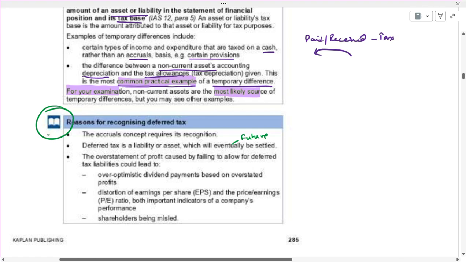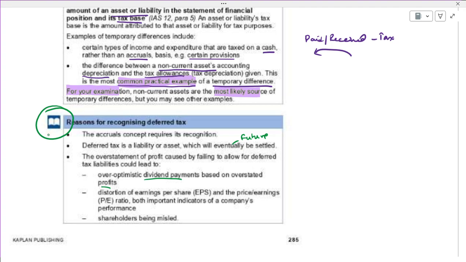The overstatement of profits by failing to allow for deferred tax liability could lead to over optimistic dividend payments based on overstated profits. If you overstate the profits, tax will be less, so profits available for dividends will be more.